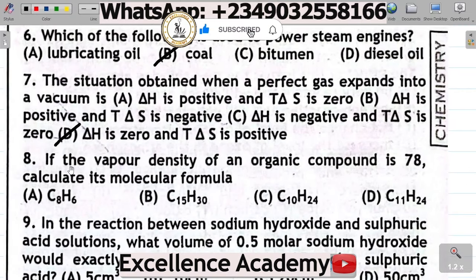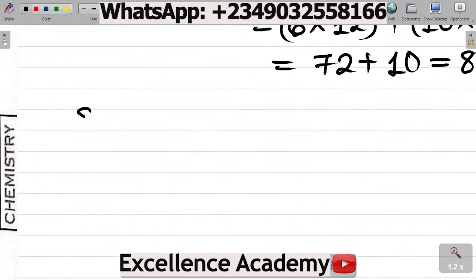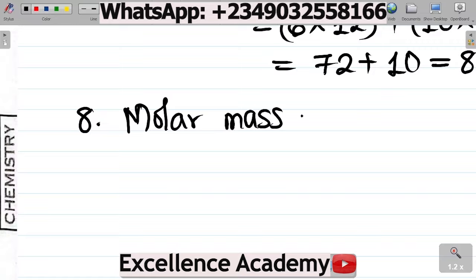Question 8 says, if the vapor density of an organic compound is 78, calculate its molecular formula. You have option A, option B, option C, and option D. So how do we solve this question? You want to note that the molar mass is always equal to 2 times Vp, where Vp is the vapor density.